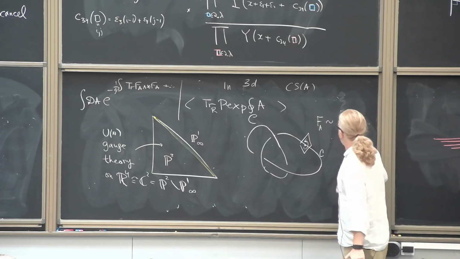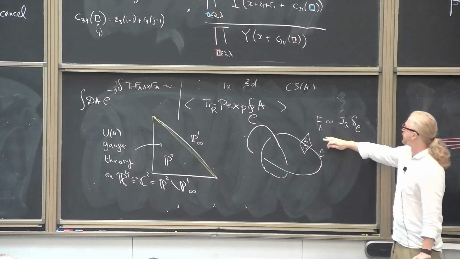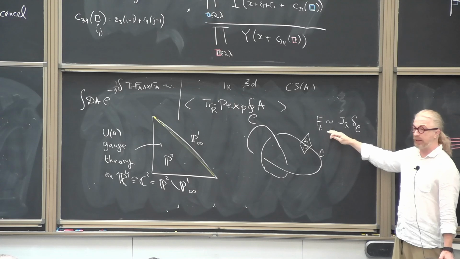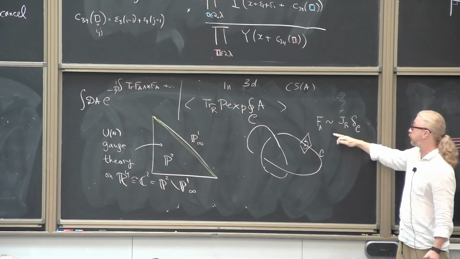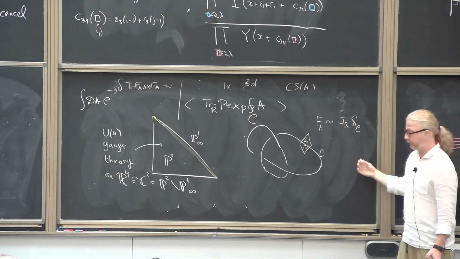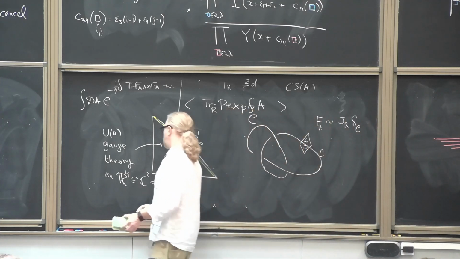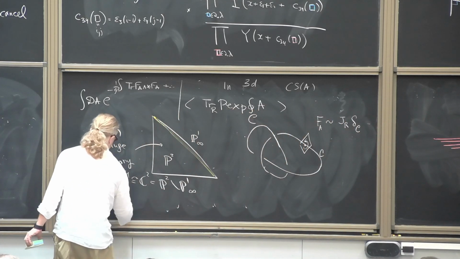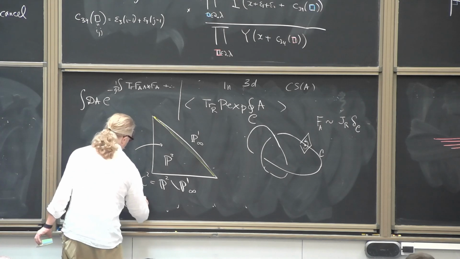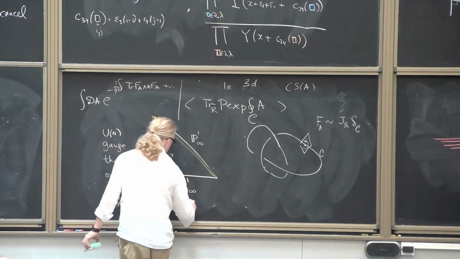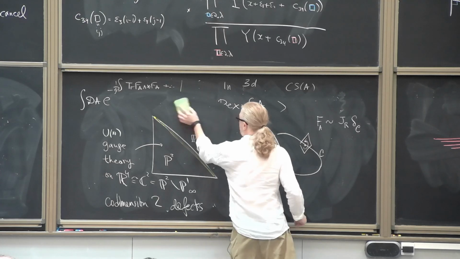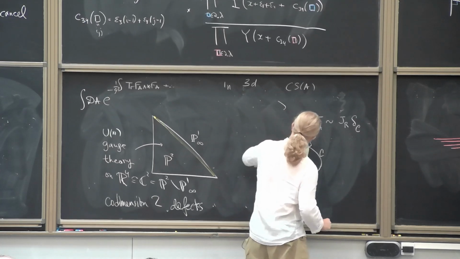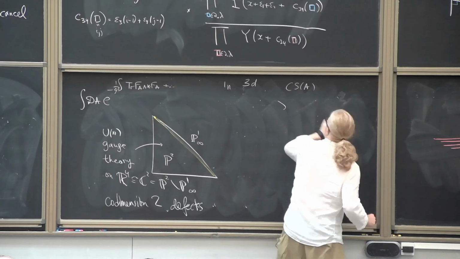So we can generalize that aspect of the Wilson line to 4 dimensions and define the observables which will be codimension 2 defects. Now, these codimension 2 defects can be defined in many, many ways.